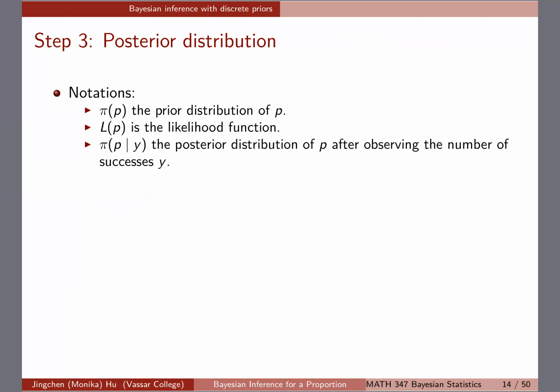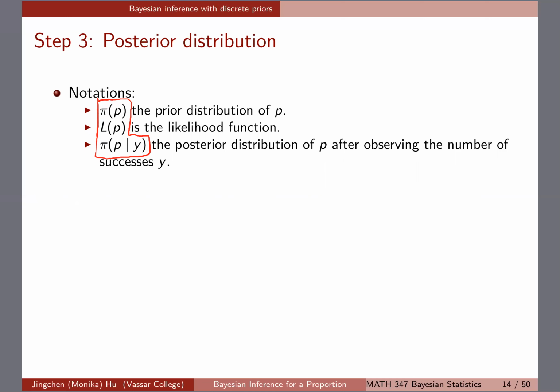Last step here is the posterior distribution. Just to cover a few notations, because you will see this very often throughout this course: we always use pi, and then in parentheses the unknown parameter, to denote the prior distribution of the unknown parameter. In this case, it is pi(p). And L is the likelihood function, and whatever is unknown as the parameter, you put into the parentheses.